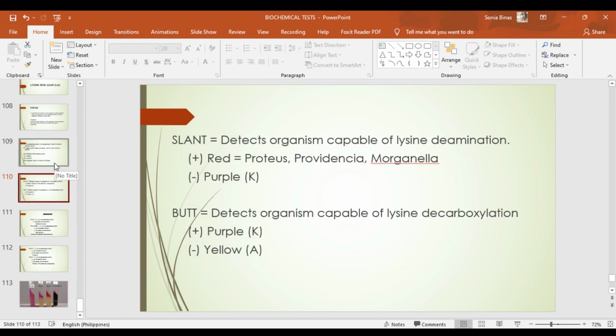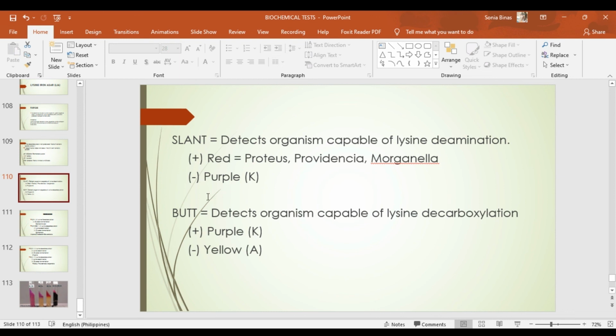So, kapag ang slant natin ang nagde-detect if the organism is capable of lysine deamination, kapag red siya or positive, it is our PPM, Proteus, Providencia, and Morganella.